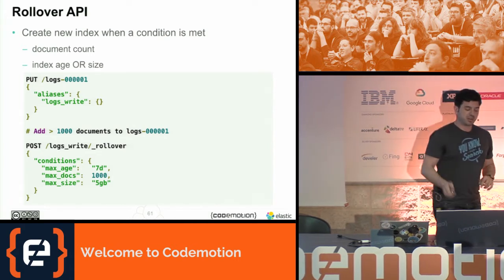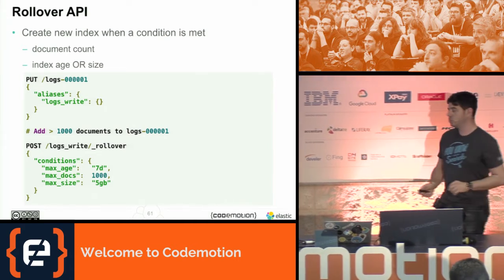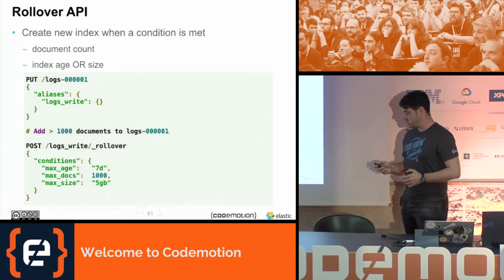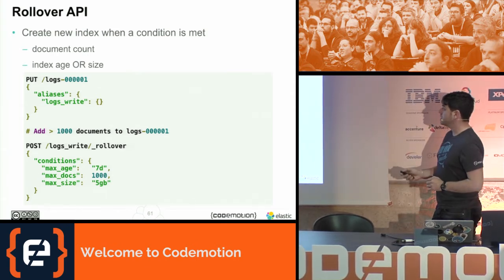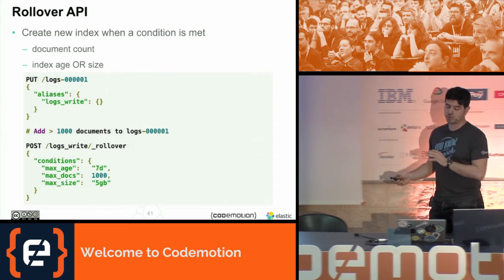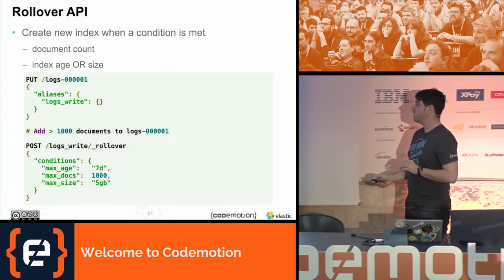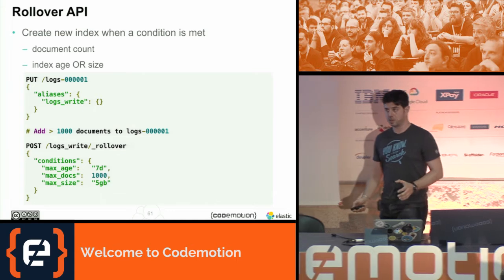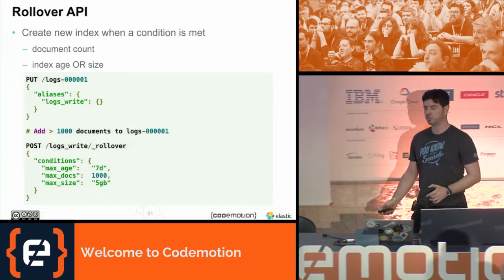The Rollover API, relatively new, is another, smarter approach to roll over your indices. In this case, when an index is created, we define an alias. From the application perspective, this doesn't change. When I say application, I mean Logstash, but it could also be your own application using our API to write.